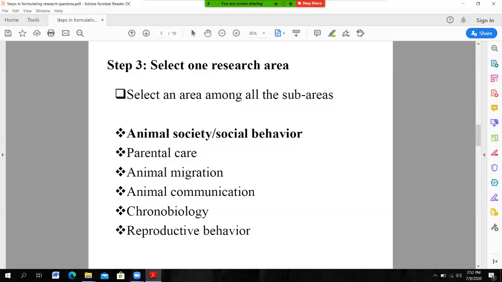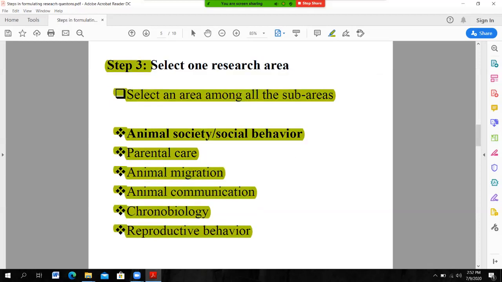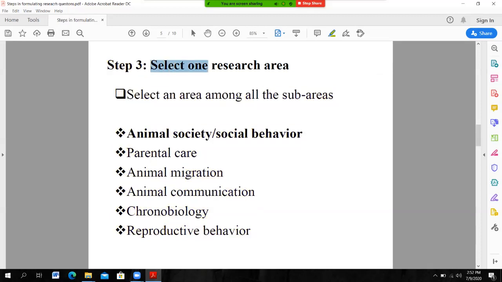And step 3, select one research area. So in the above sub areas, it is important that the researcher must select one sub area for the research process.